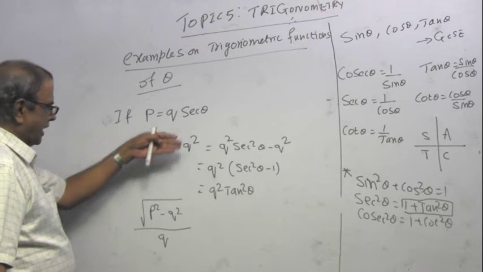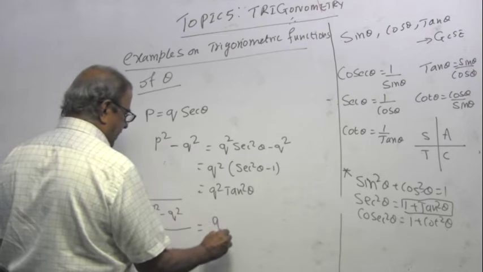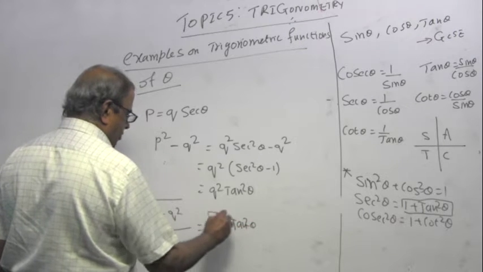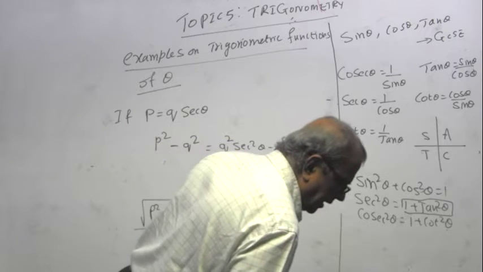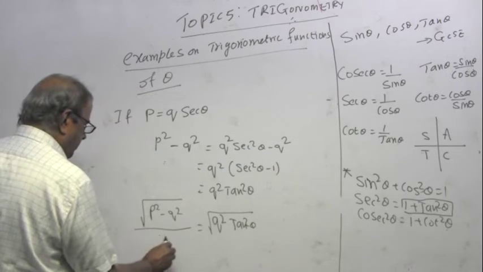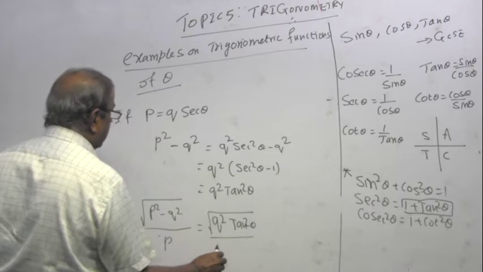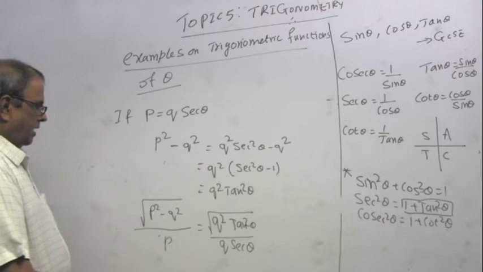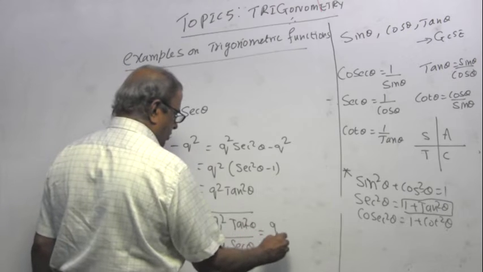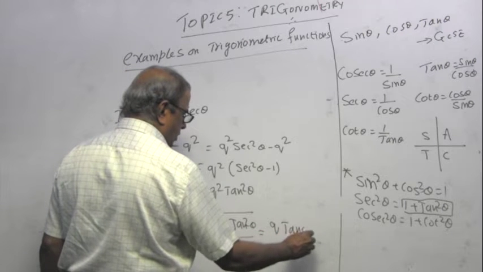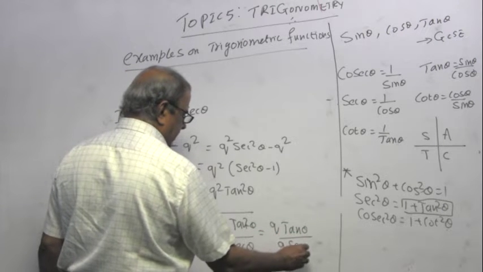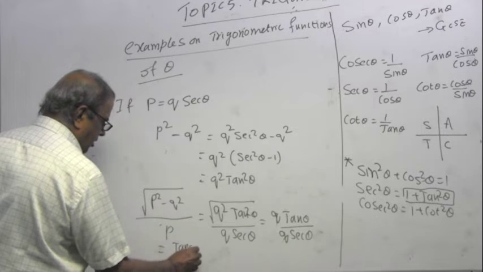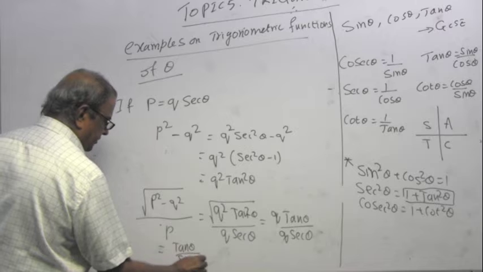I should start from there, but since I've already done it, can I say it is Q squared tan squared theta under root divided by P. What is P? Q sec theta. What is the square root of that? Q tan theta over Q sec theta. Q and Q cancel. I get tan theta over sec theta.